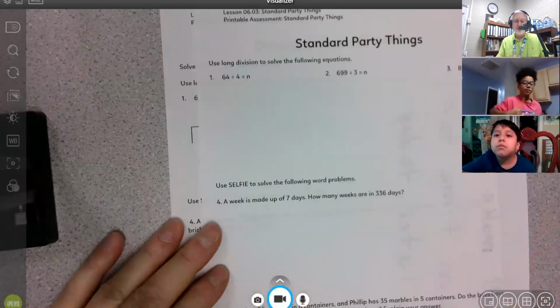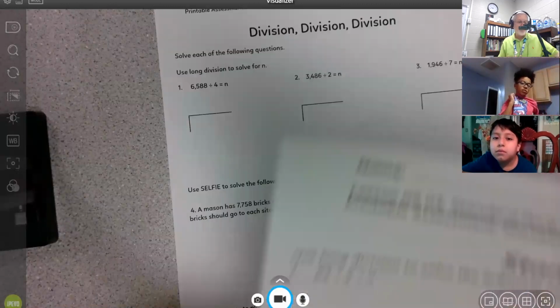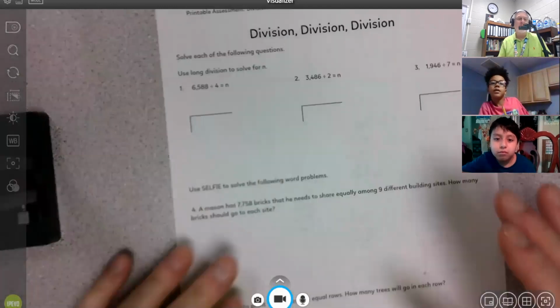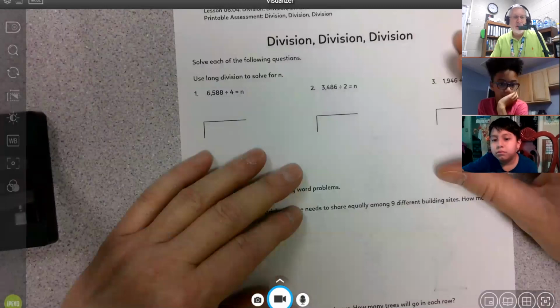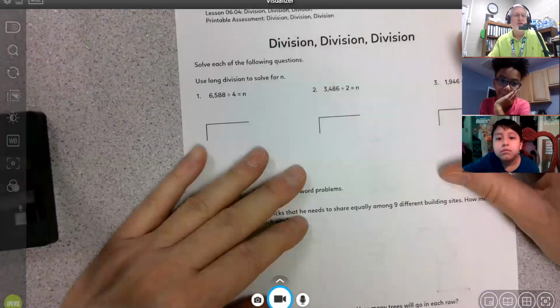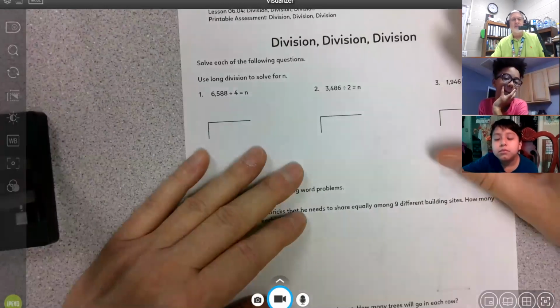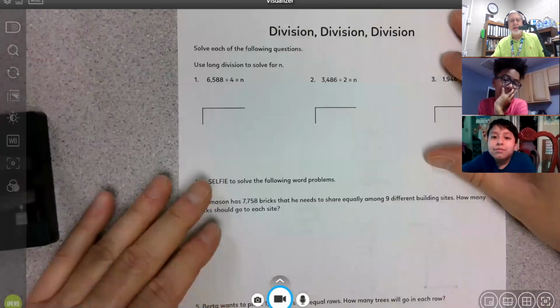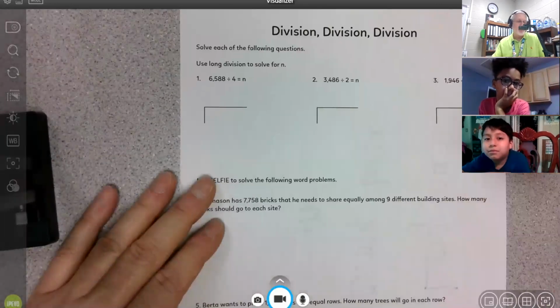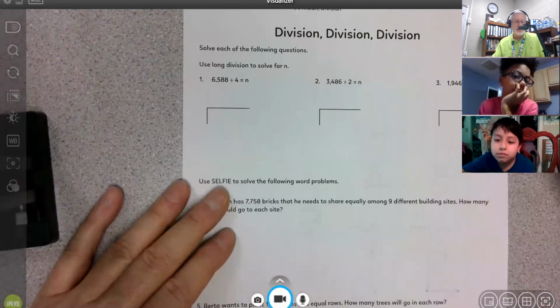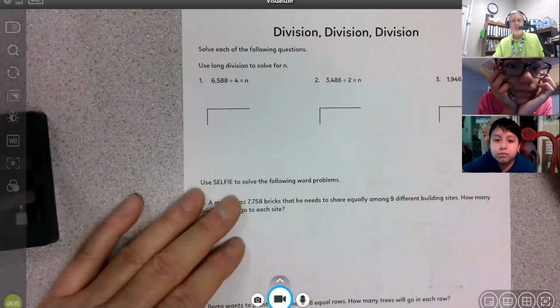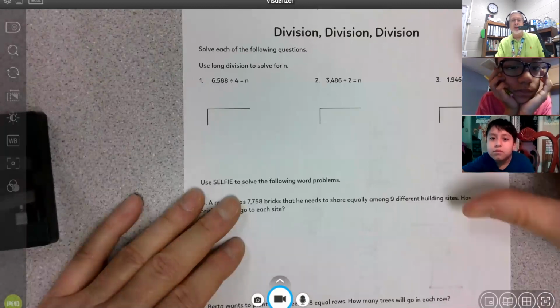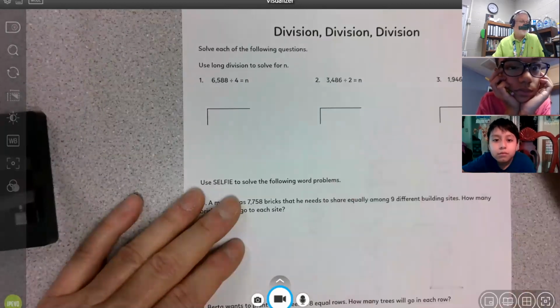If you do your work on another piece of paper, you want to make sure that you upload that scratch paper, okay? Because I've got to see how you're doing your work. If I see that you made a mistake, I need to see where you made your mistake and what process you did. Plus, I want to make sure that you're doing it by yourself. You can get help from somebody else, but again, I want you to actually write and do the work.